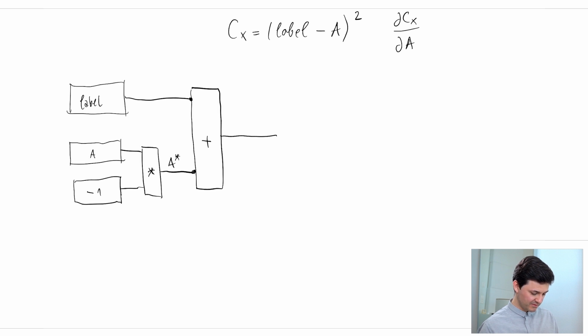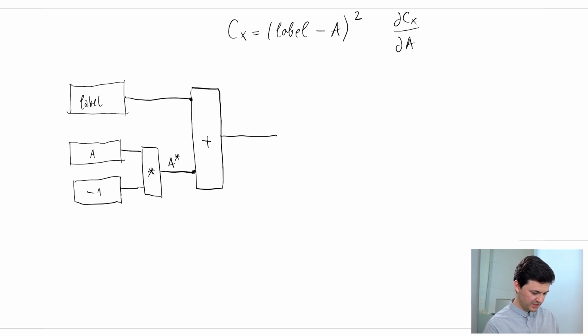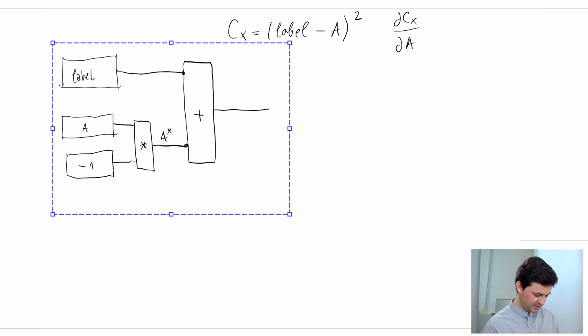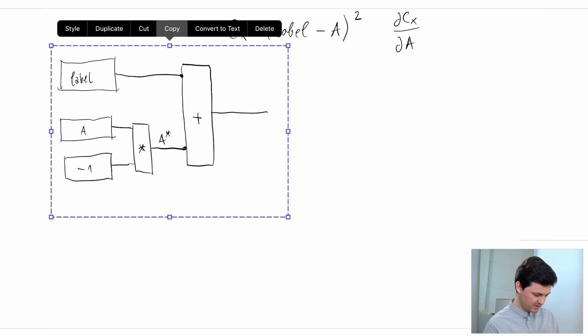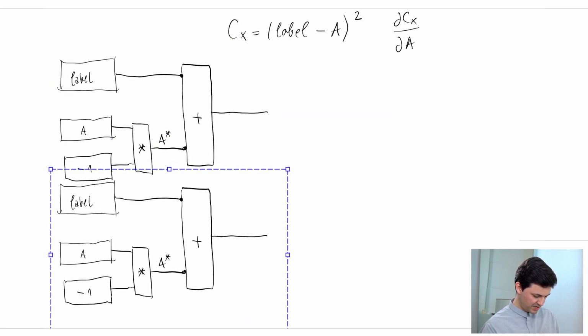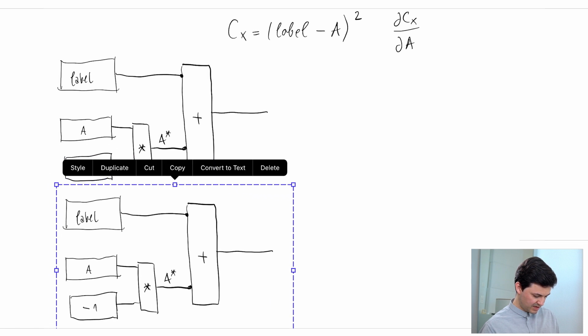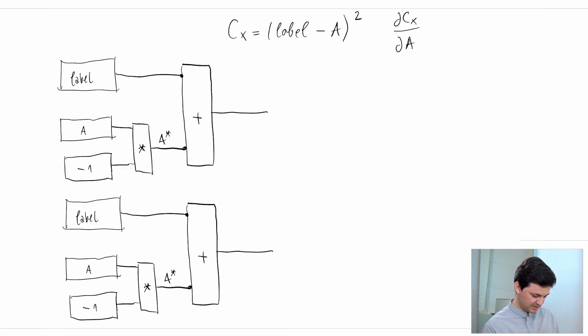So how do I do that? As you already know, squaring something is the same as multiplying it by itself twice. So let's do that. Let's move this a little bit here, copy it, and paste it. And now we have the same diagram twice with exactly the same elements. Okay, so what we can do now is multiply these two things. So we have multiplication, and then we get the cost for a single example.